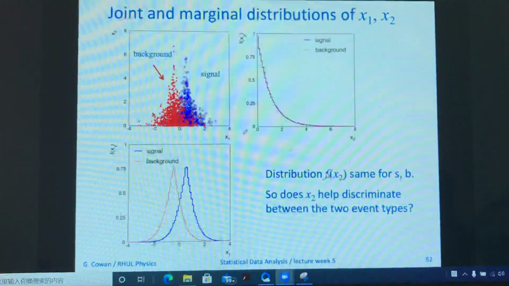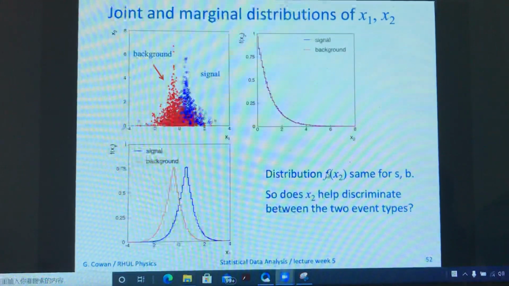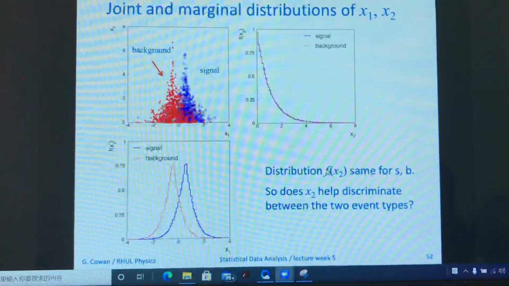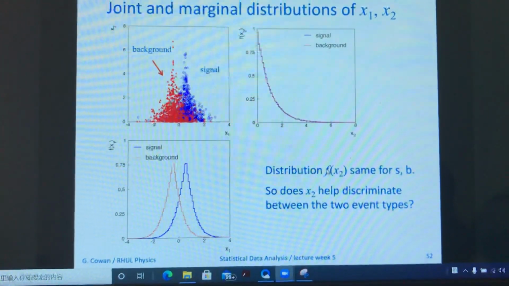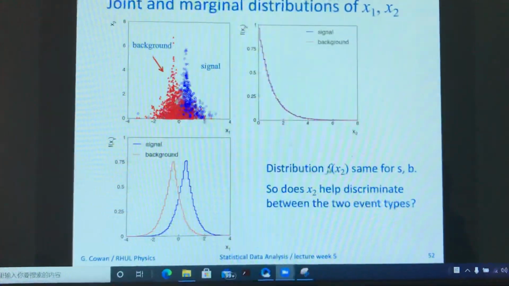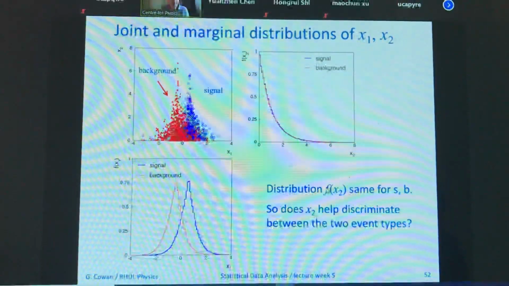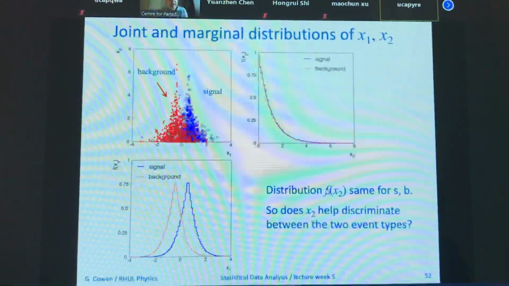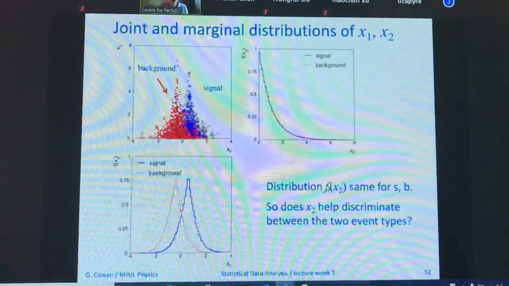So here is a scatter plot of x1 versus x2. And you can see that if you look at a fixed value of x2, then what you have is a Gaussian distribution in x1. But the sigma of the Gaussian depends on x2. It gets narrower when x2 gets large.